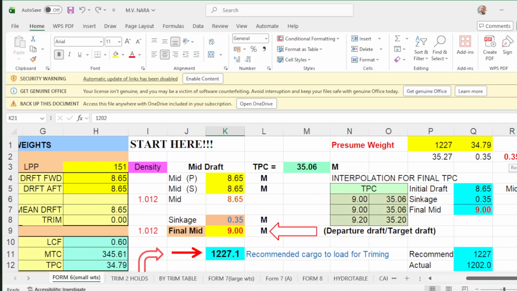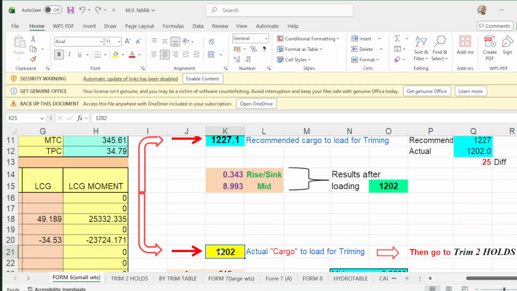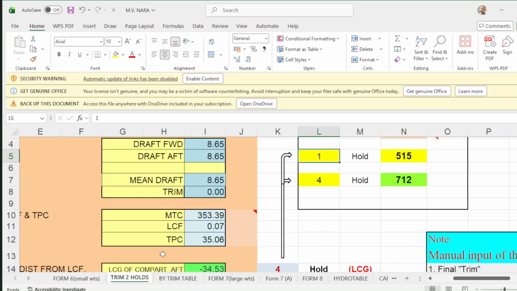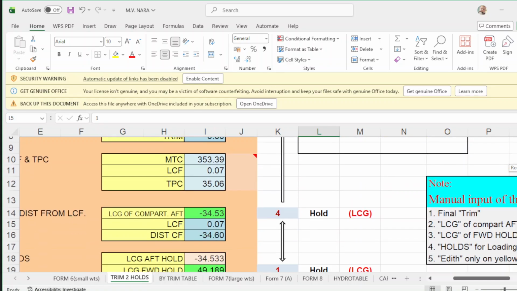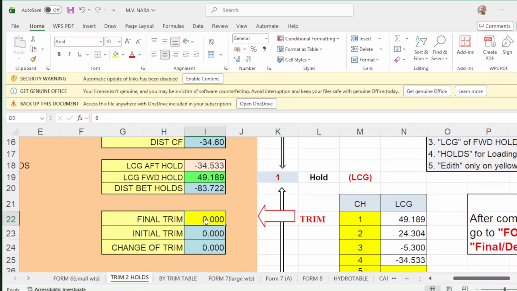Okay, let's put this 1227. Then we go to trim hold 2. 1227. Then we have here 0 trim.